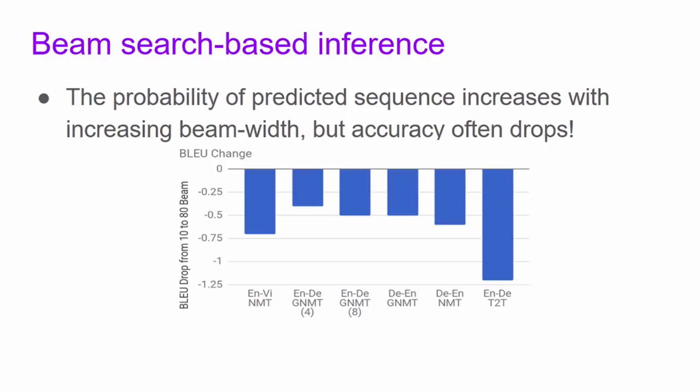Beam search has a parameter called beam width, which tells you the number of top candidates that you take. As the beam width k increases, the sequence that you output will not necessarily have a higher probability, but almost always does. So the probability of what you are predicting increases as the beam width increases.